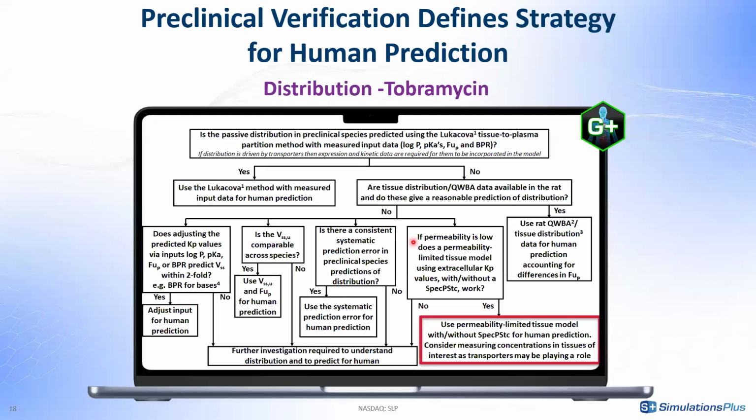And so again, we are now down here into this box where our permeability was low. And so we tried a permeability-limited tissue model with a specific PSTC. And as this did work, we can therefore use these parameters and this method of predicting the volume of distribution in human. It does note that we may wish to consider measuring concentrations in tissues of interest, as transporters may be playing a role with this type of compound.